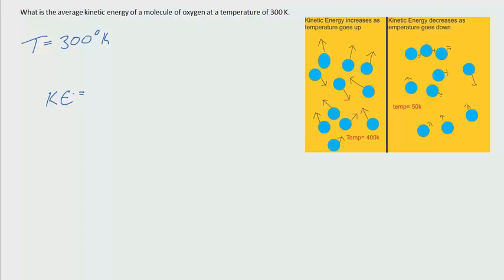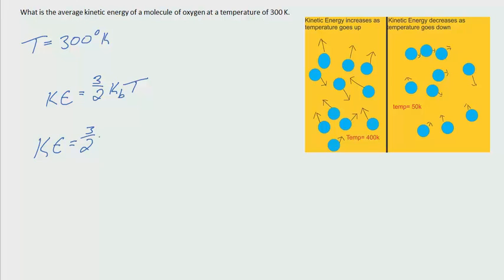We know that translational kinetic energy can be found by taking 3/2 multiplied by Boltzmann's constant multiplied by our temperature in Kelvin. Since Boltzmann's constant is a constant and we're given our temperature, we're able to find the average kinetic energy of our molecule of oxygen.